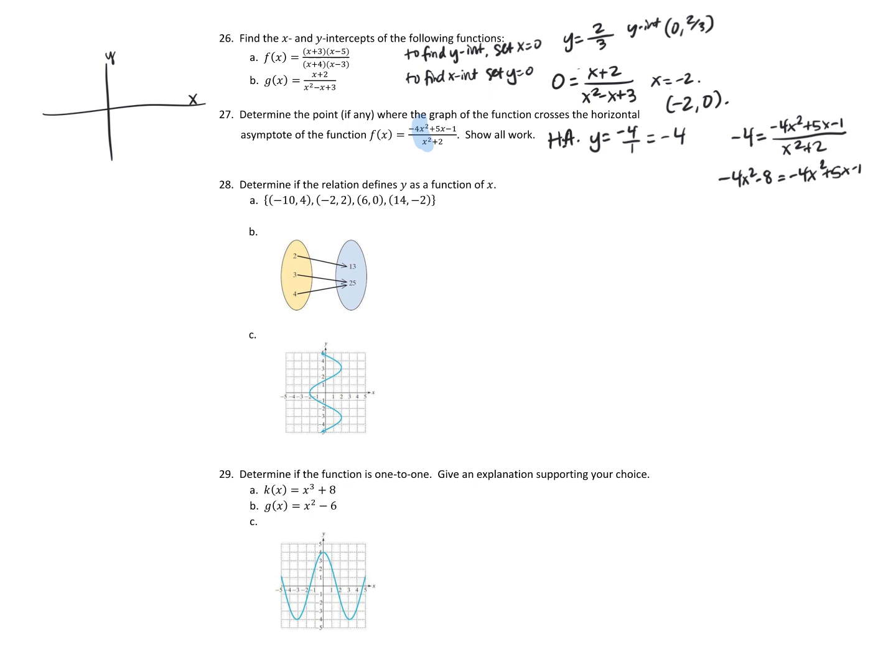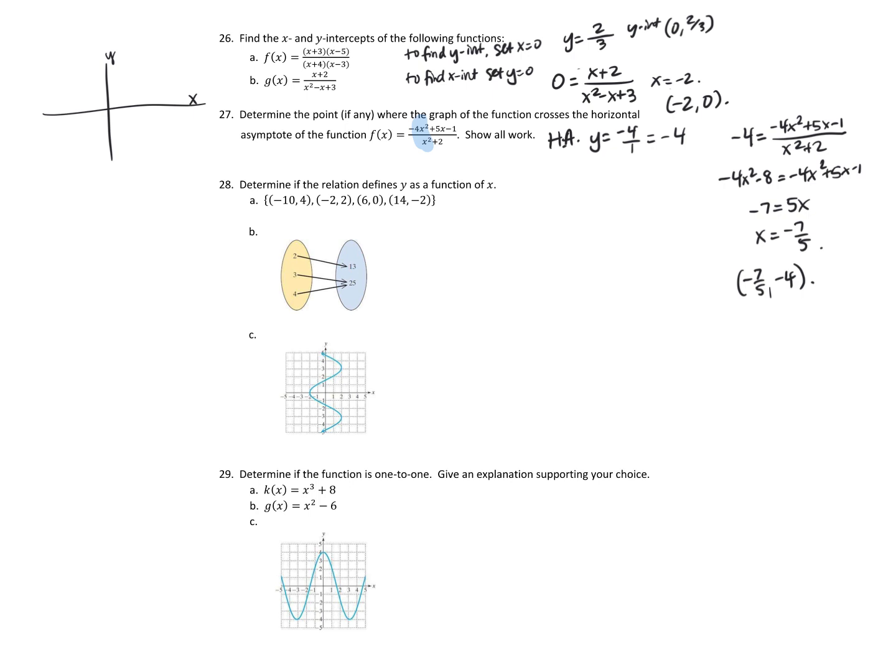And then I can subtract negative 4x squared from both sides and add that 1 over. So I get negative 7 is equal to 5x. And then I can divide by 5. So x is equal to negative 7 fifths. So at that value, that's where it crosses. So the coordinates at that point are negative 7 fifths and negative 4.